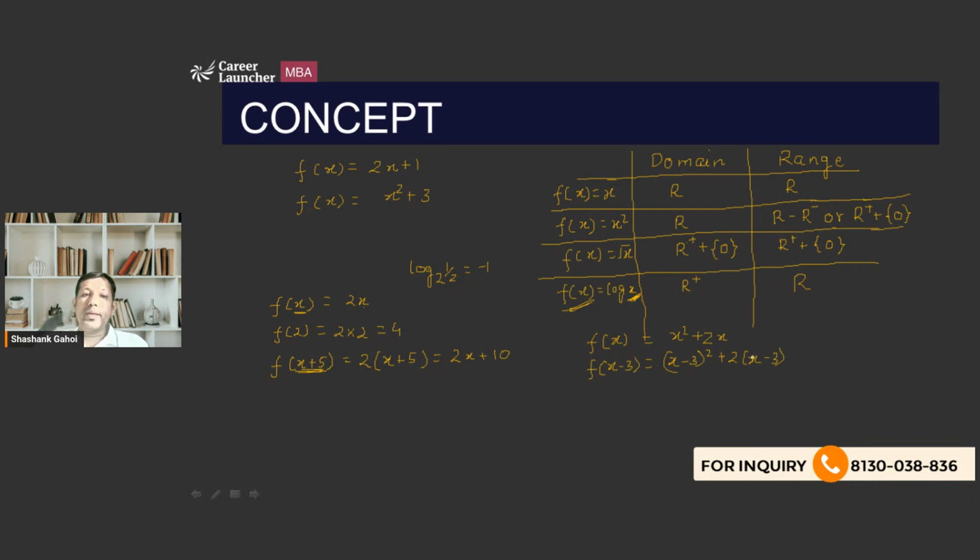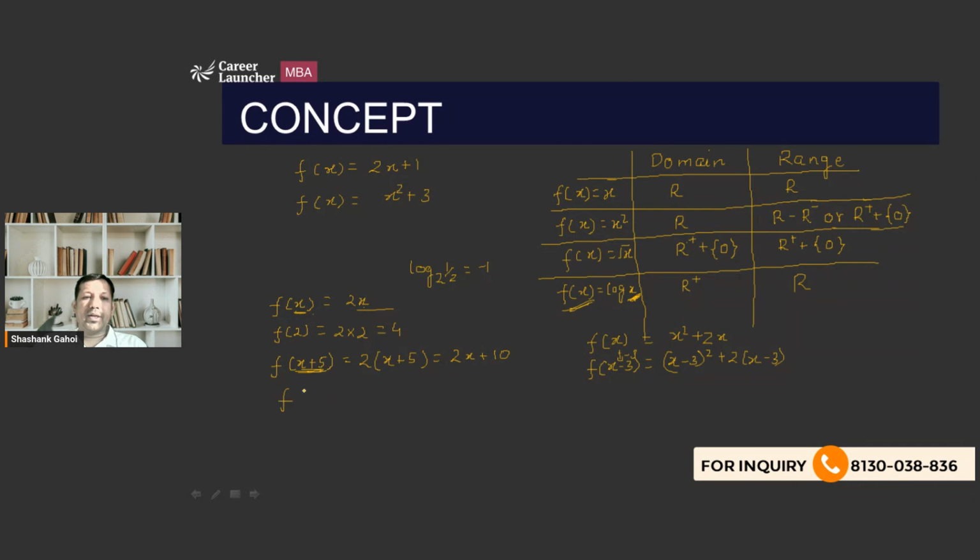Okay. Now if I have something different, basically if x goes to x plus 5, I am increasing x by 5, so I replace x by x plus 5. Here I have a decrease of 3 in x, so I replace x by x minus 3.